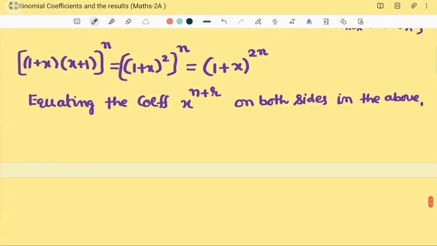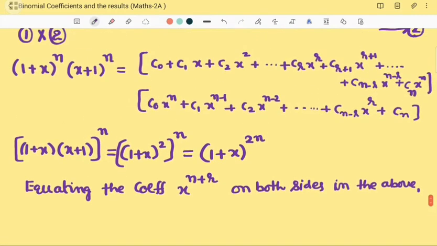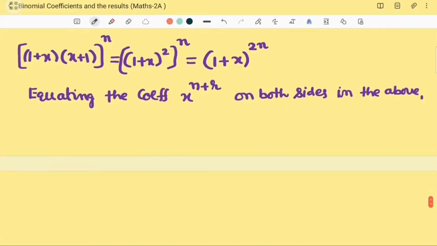We need to write (1 plus x) in RHS; in LHS (1 plus x) whole power 2n is there, no? In RHS the product of these two expansions are there. So T n plus r plus 1, whatever the coefficient is there of x power n plus r, is equal to 2n C n plus r into x power n plus r.